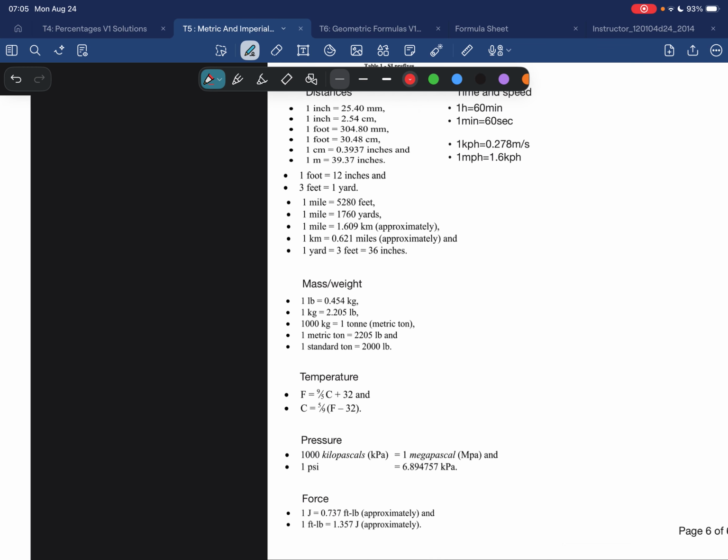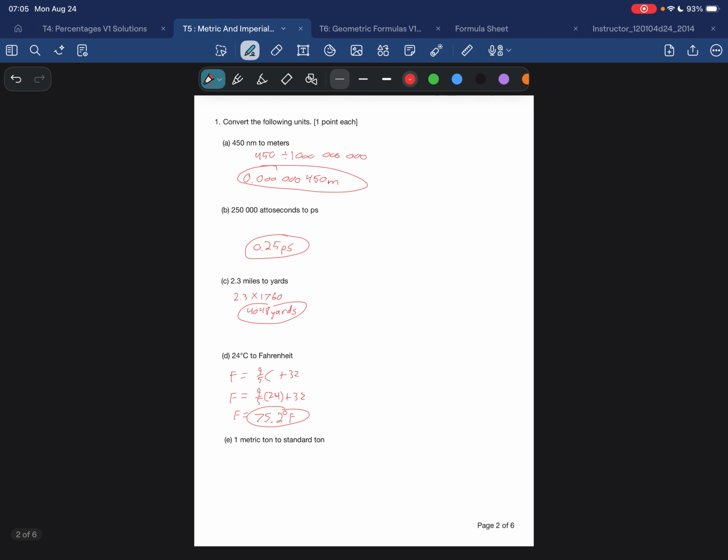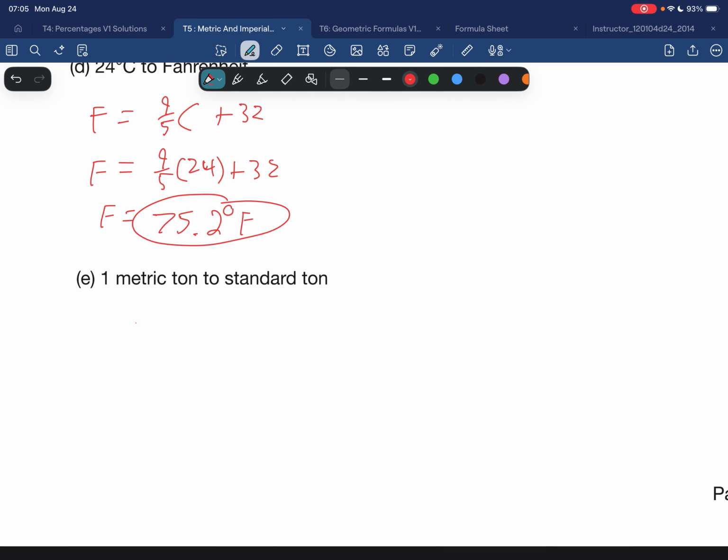We're going from metric to standard, so 2205. Yes, 1 metric ton to standard ton. So a metric ton, by the way, is also known as a tonne, written like this. Standard ton is also known as just a ton, so I'm going to use this as a short form.